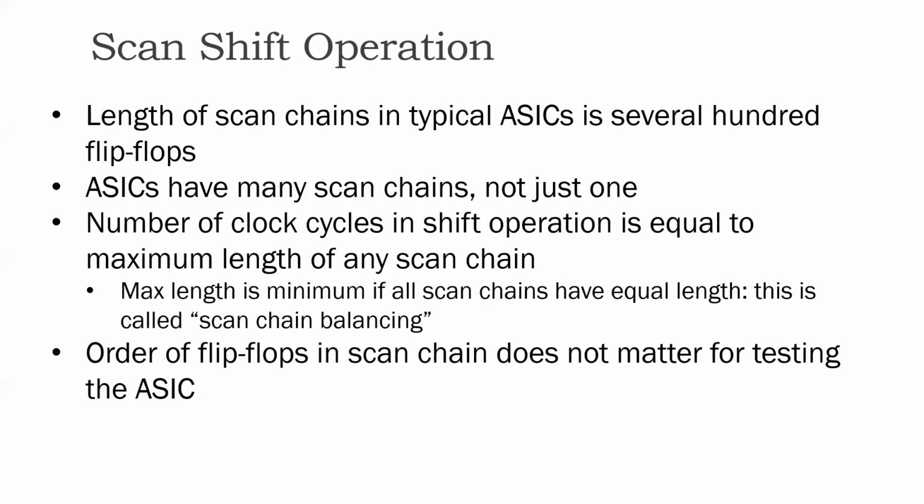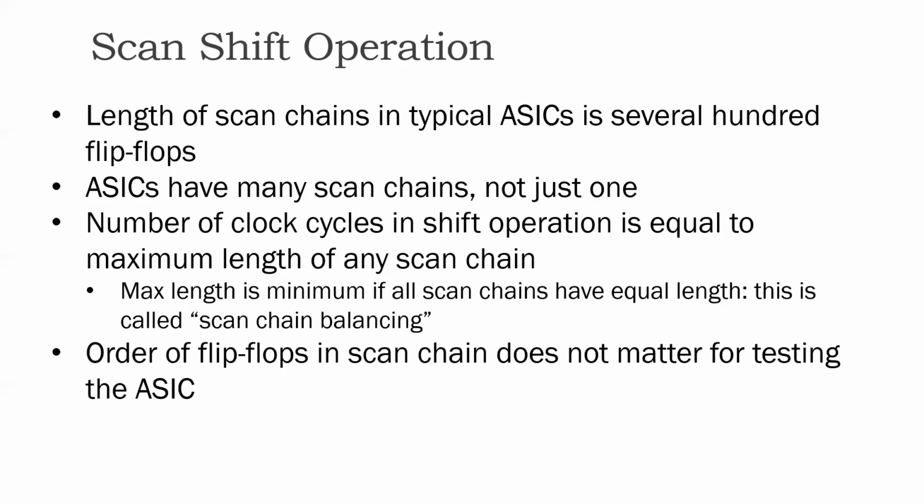So when the scan chains are implemented in an ASIC, it is done in a way that it is balanced as much as possible. So all scan chains will have somewhat equal length. If all the scan chains were 1,000 flops long and one scan chain was only 100 flops long, then that short scan chain will be fully populated after 100 clock cycles.